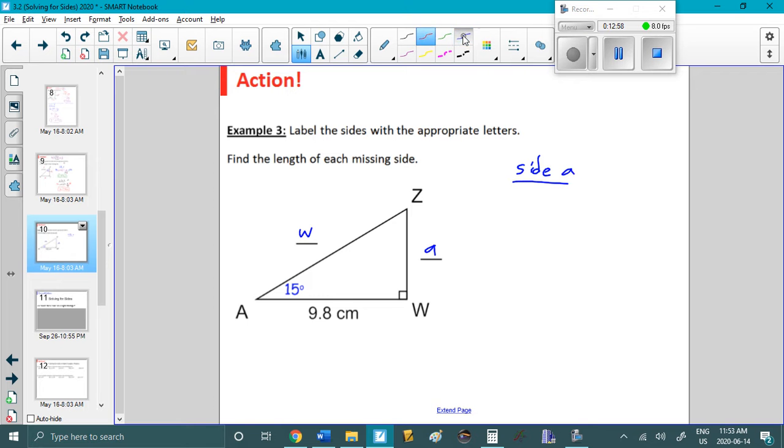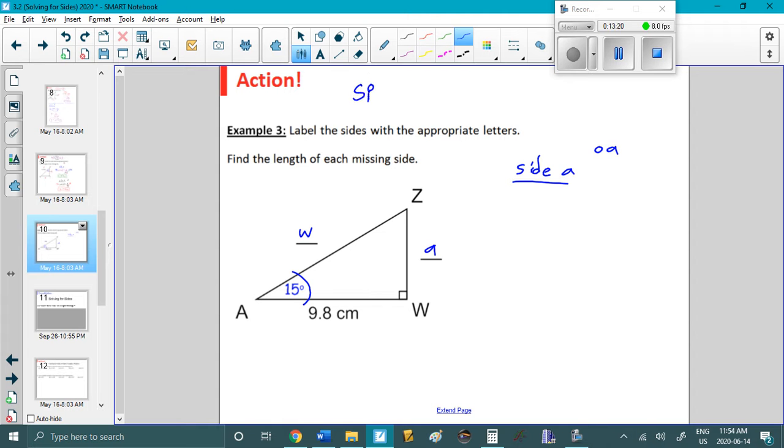All right, so if we're going to solve for side A, this is our reference angle, because it's the angle we know. And some of you might be thinking, well, couldn't we find this angle by subtracting from 180? And you could, but you don't need to. If you have an angle and a side, you have everything you need. So here we go. This is our opposite side, so we want the opposite. And this time we have the adjacent side.